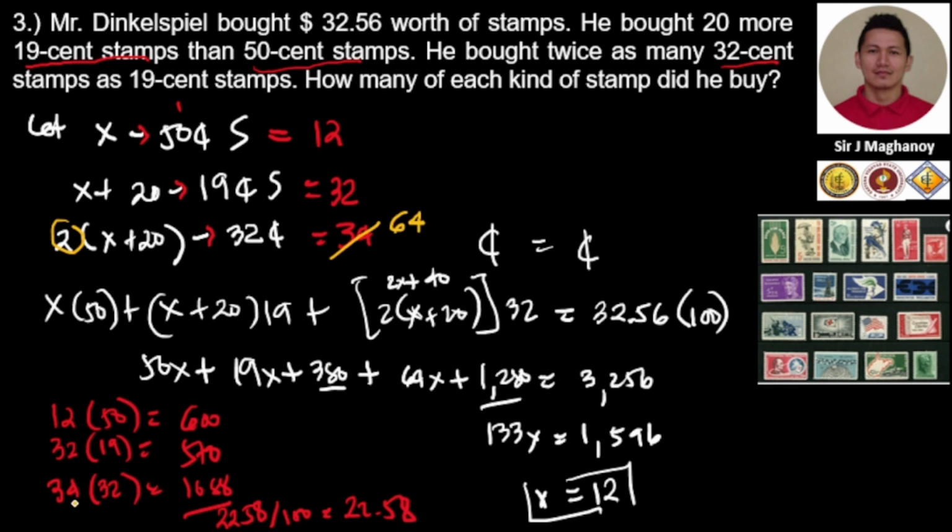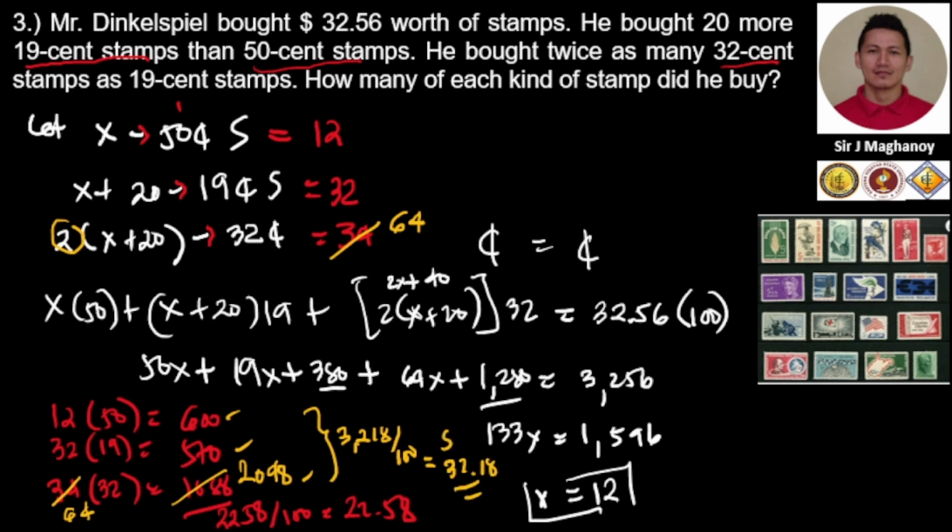So if this is 64 times 32, that is 2048. So if we sum these three, 2048 plus 570 plus 600, that is 3218. Divide by 100, that is 32.18.